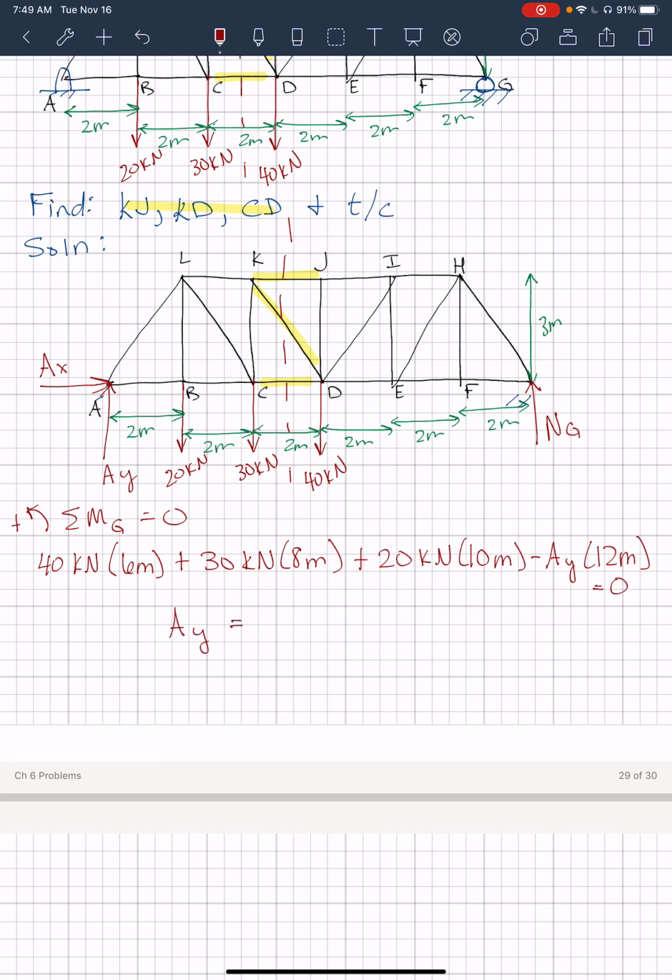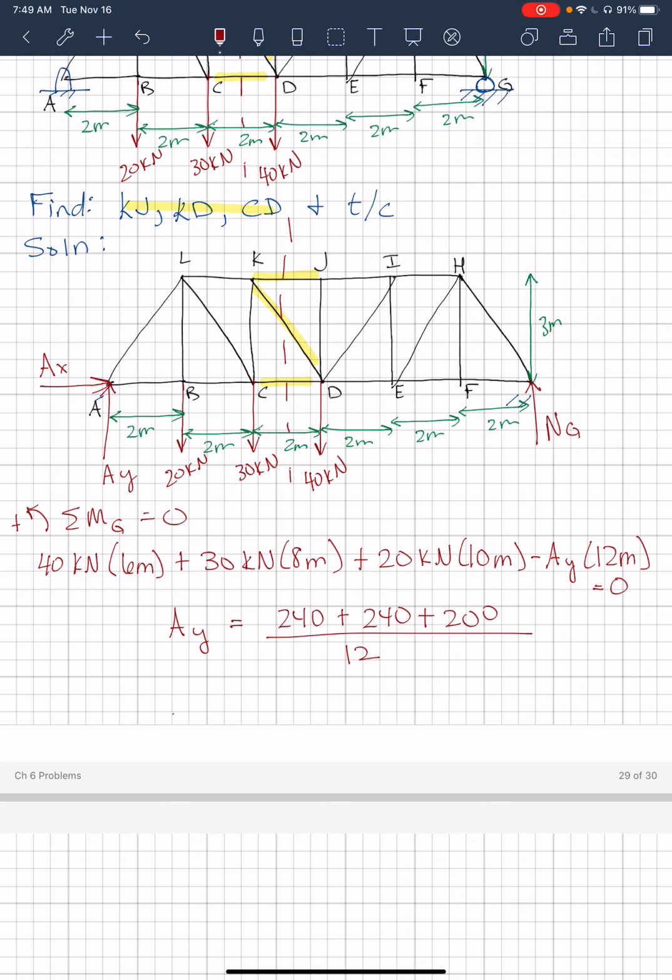So now we can calculate that out. Okay, so we get 240 plus 240 plus 200, so 680 divided by 12.